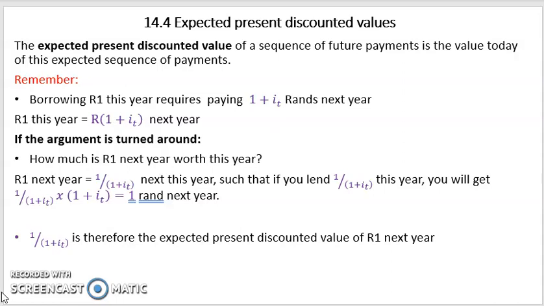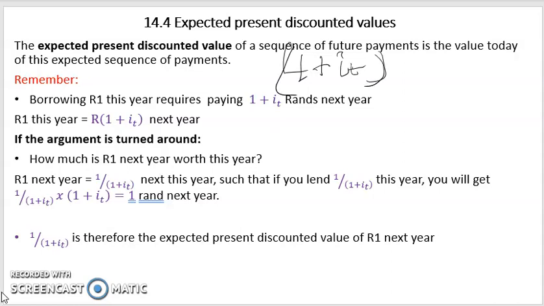What we argued is that if the 1 year nominal interest rate is given by i_t, this would mean that lending R1 this year implies getting back 1 plus i_t next year in rand. In this sense, it also means that borrowing R1 this year implies paying back this amount next year.